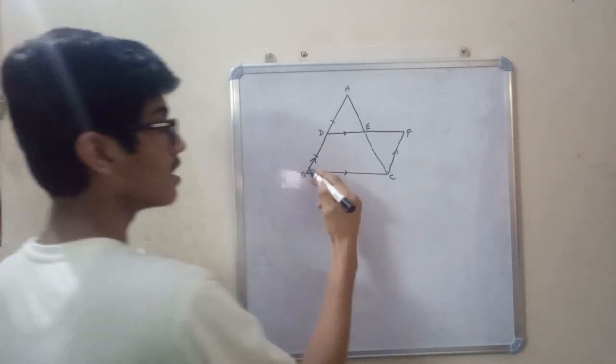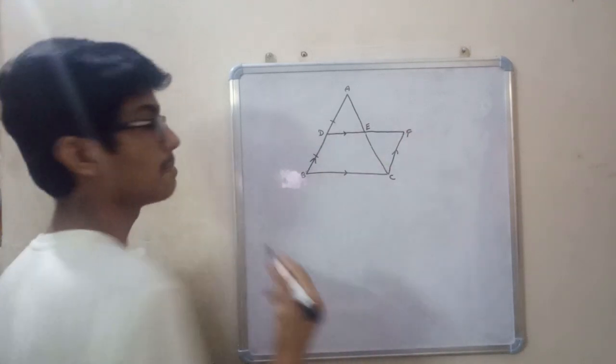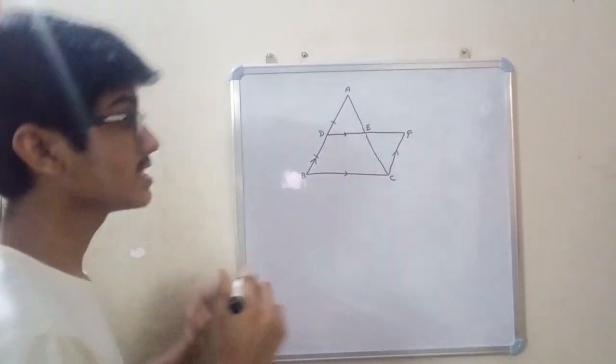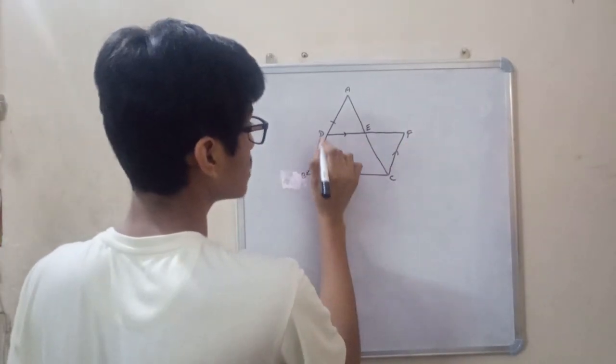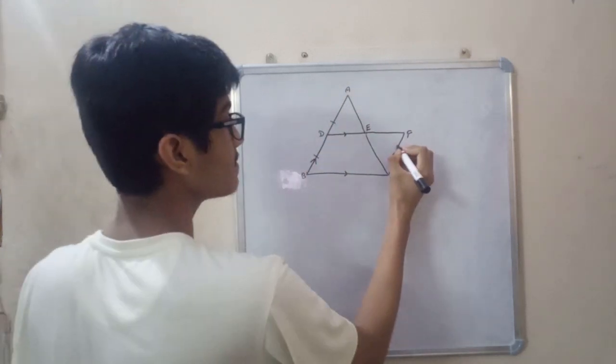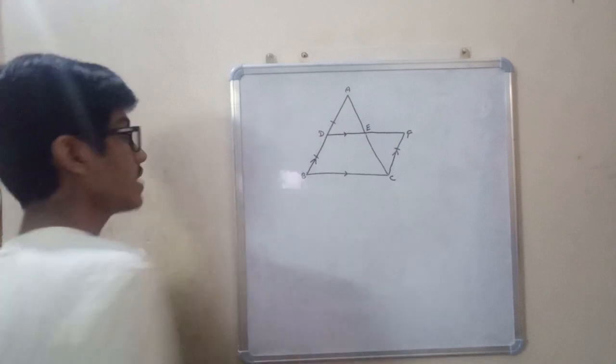This means BDFC is a parallelogram once again. So FC is equal to DB, and as DB is equal to AD, FC is equal to AD as well.